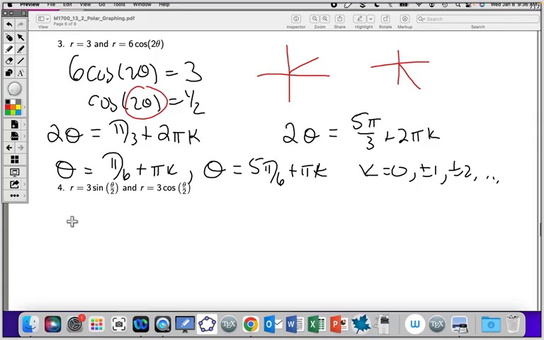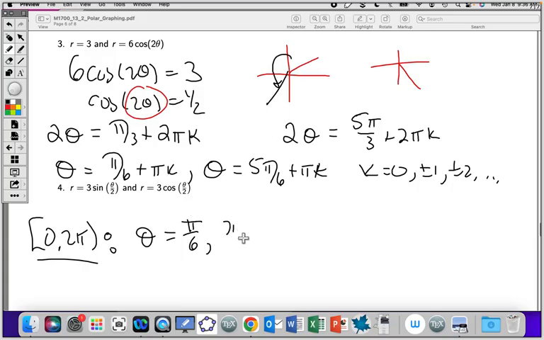Okay. If I want to look between 0 and 2 pi, here I'd get pi over 6, and then I add pi. That'd get me down here to 7 pi over 6. Here I'm at 5 pi over 6 and 11 pi over 6. Now if I plug in each of these angles to either one of these, I should get the same r value. Here there's no thetas to plug in.